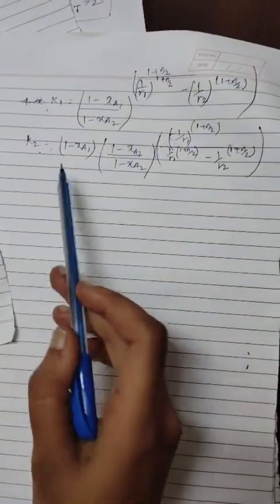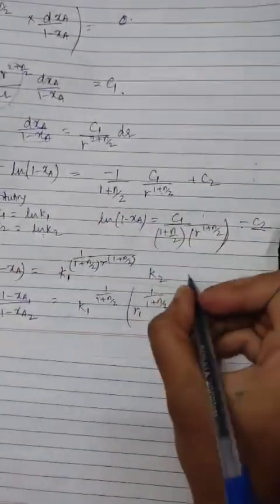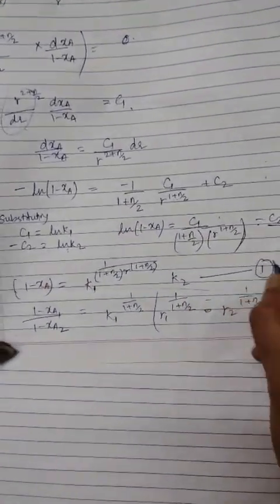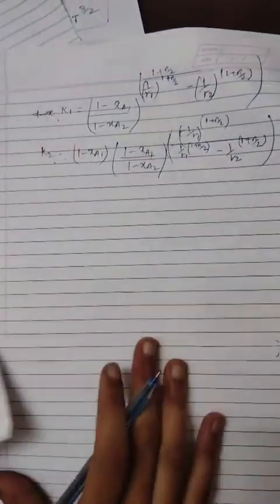If we substitute these K1 and K2 values in this equation, let us call it equation 1, we will get a generalized equation.